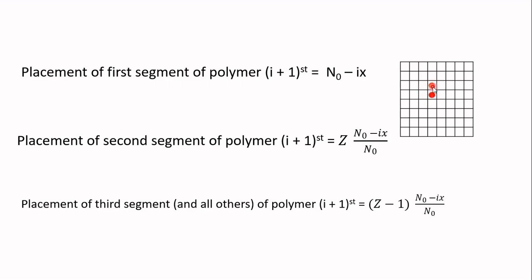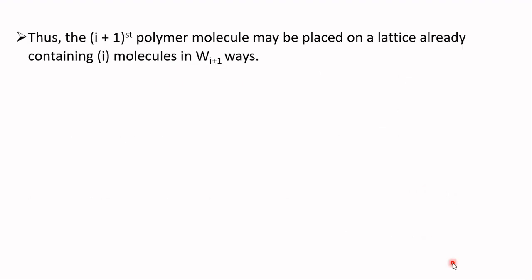One of the sites is already occupied by a segment. So the number of possibilities will reduce to Z minus 1. That's why here we are considering Z minus 1 into the probability factor. So this is the important point to be considered here.